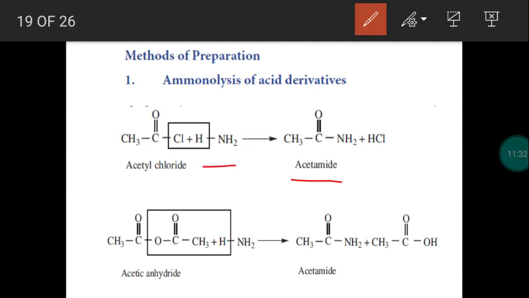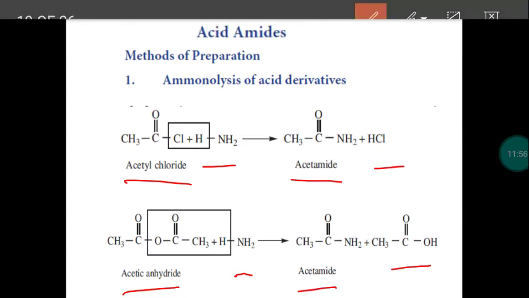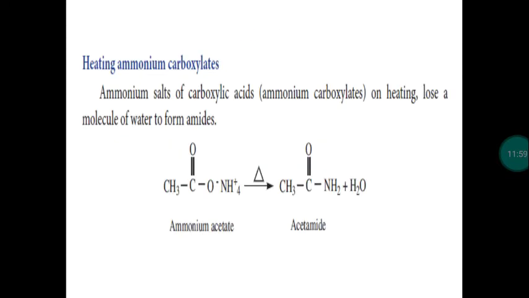Addition of ammonia with acid halide and acid anhydride. So take acetyl chloride, which is added with ammonia. There is a liberation of hydrochloric acid with the formation of acetamide. When ammonia is added with acetic anhydride, there is a liberation of carboxylic acid, acetic acid, with the formation of acetamide. So first process is ammonolysis process.